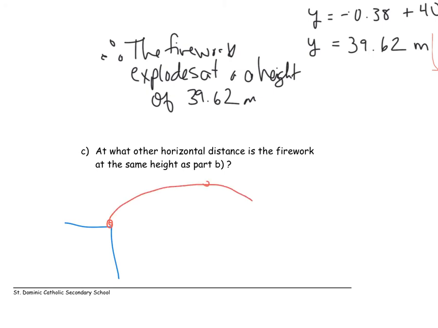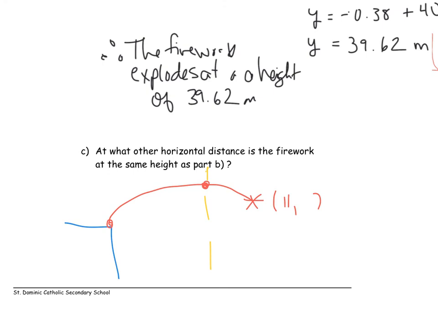There it is. Here's our max. And so if it's exploding right here at an x value of 11, and now we know what the y value is there, we need to remember that this parabola is symmetrical about that vertex, about that axis of symmetry.